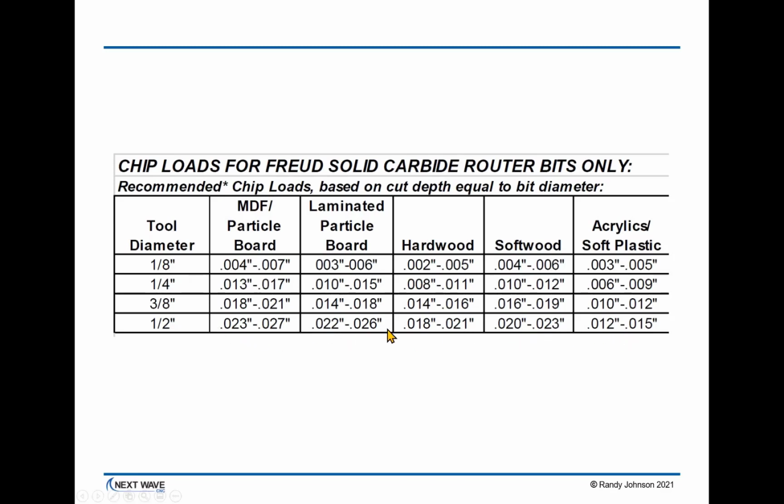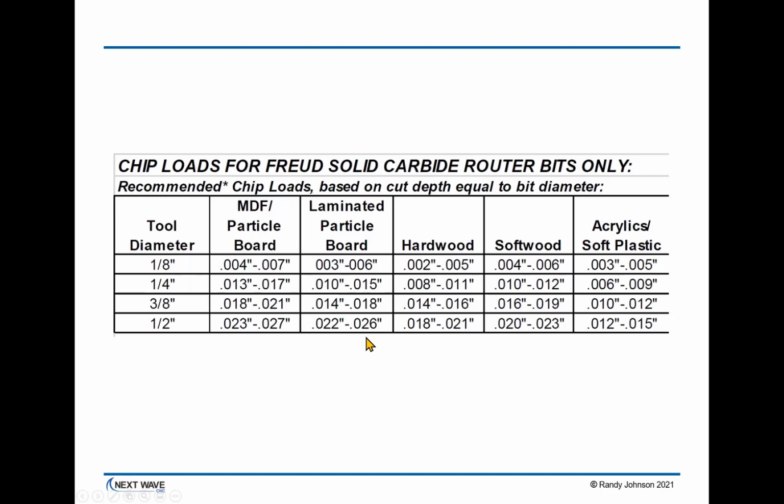And you're going to have a hard time with the desktop machines, given the fact that they have a maximum feed rate, the HD5s, of 200 inches a minute, and you're dealing with a lighter duty spindle as well as lighter duty drive motors. You're going to have a hard time achieving chip loads this high.